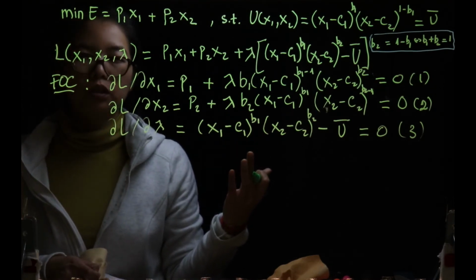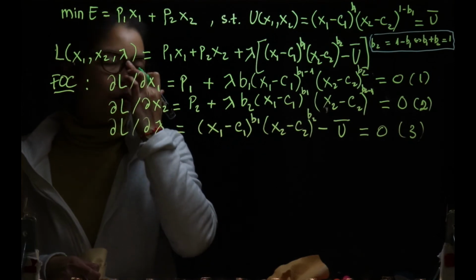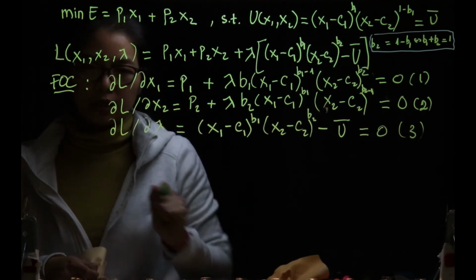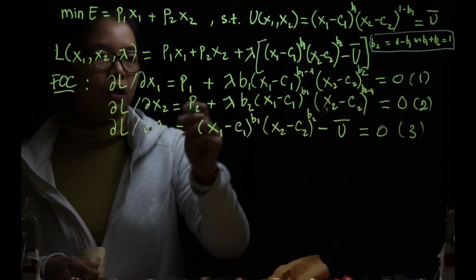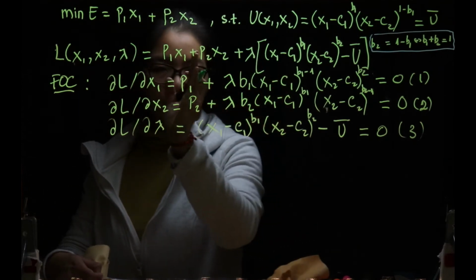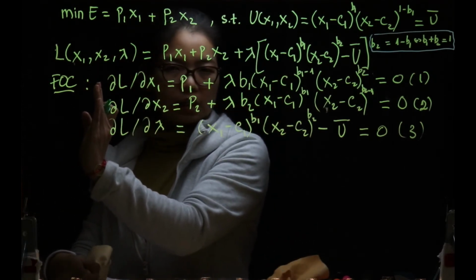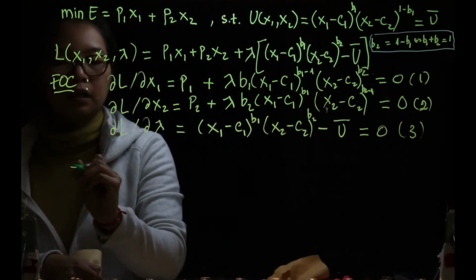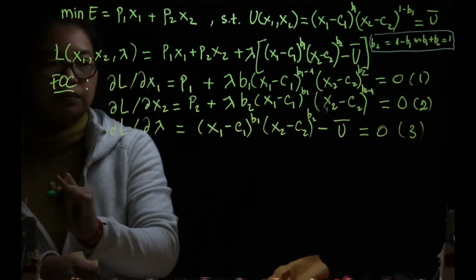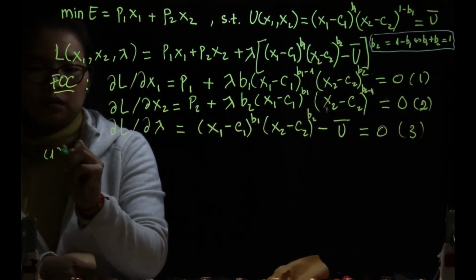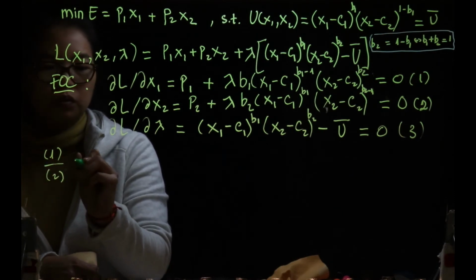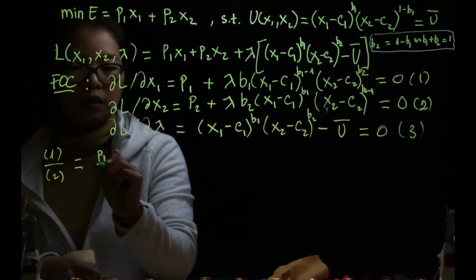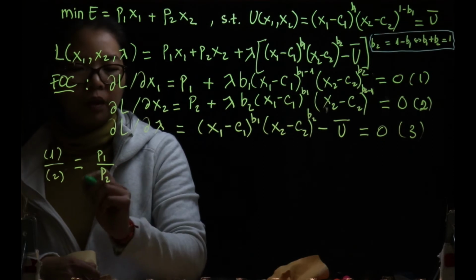What did we do before with utility maximization? We rearranged the first two equations and then we divided one by the other. Do the same here. So let's rearrange it in a way that prices go on one side of the equations and the rest goes on the other side. So 1 divided by 2 would be P1 over P2.